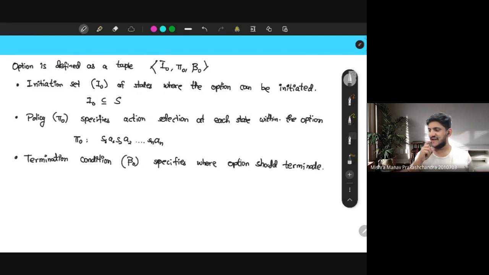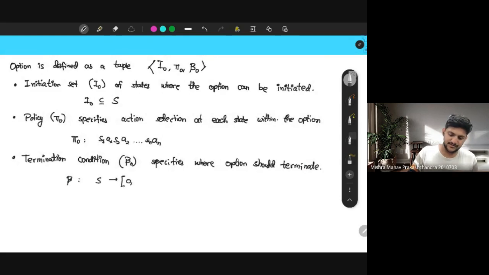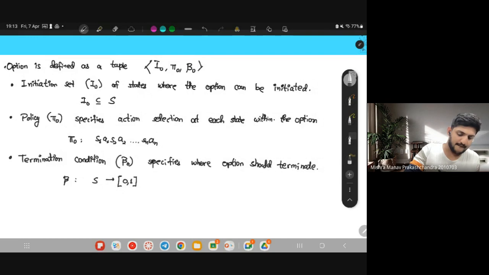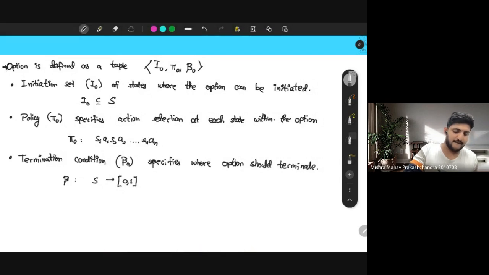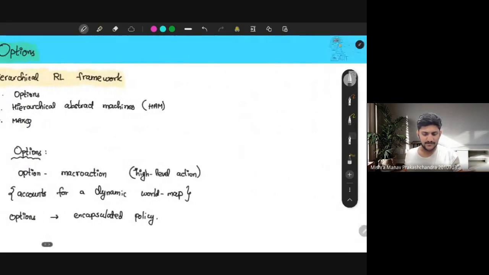Beta is a mapping from state to a 0 or 1 value. If it's 1, it means the macro action is executed. If it's 0, it's still in the process of execution. So this is how you define the option tuple.